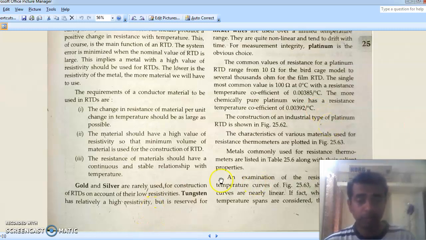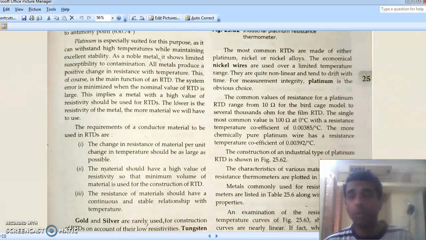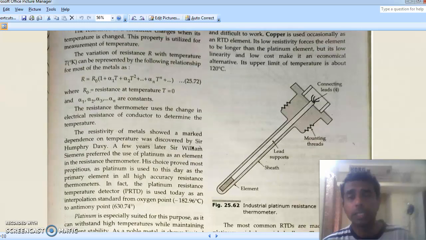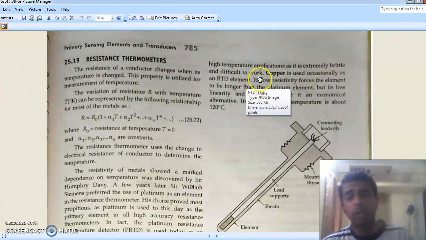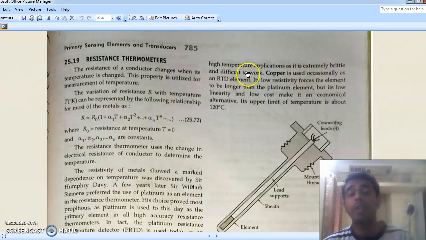And we can use tungsten also, but tungsten is used only for high temperature applications because of its extremely brittle nature, and we cannot comfortably work with such a brittle thing. And copper is also occasionally used as an RTD element, although platinum is commonly used.